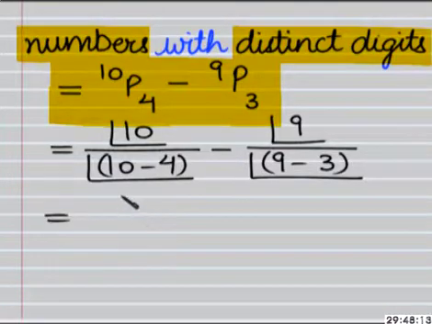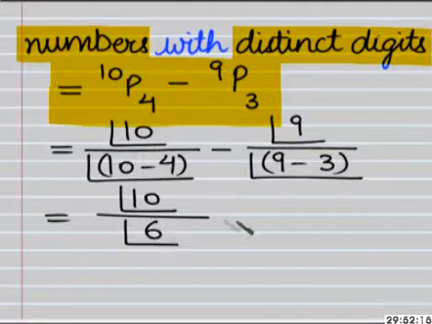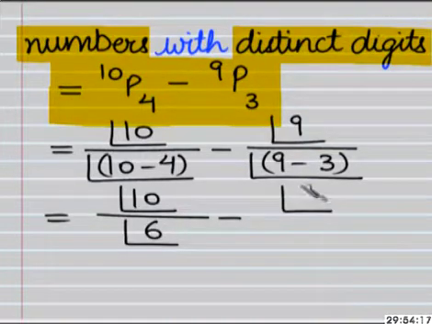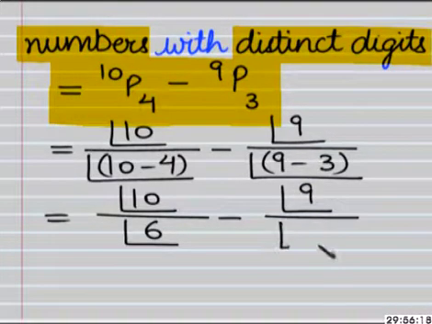This is equal to 10 factorial upon 6 factorial minus 9 factorial upon 6 factorial.